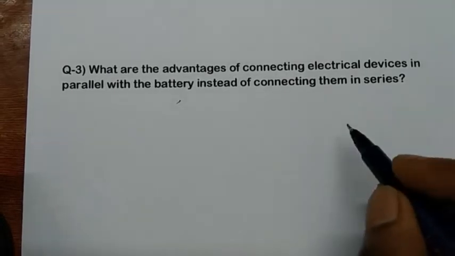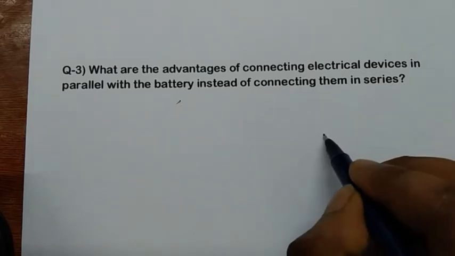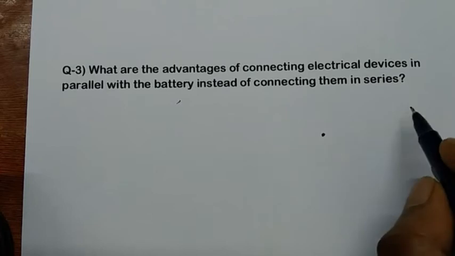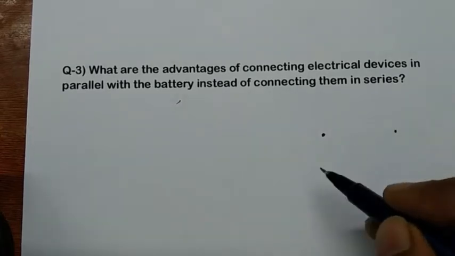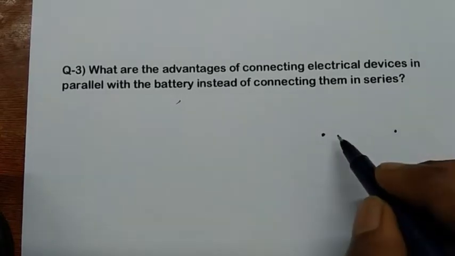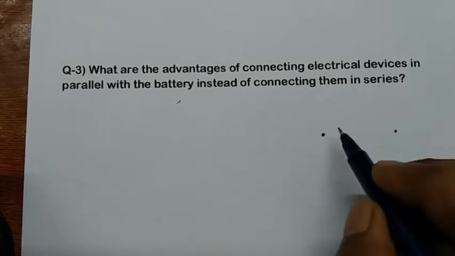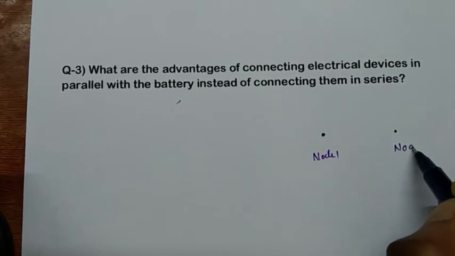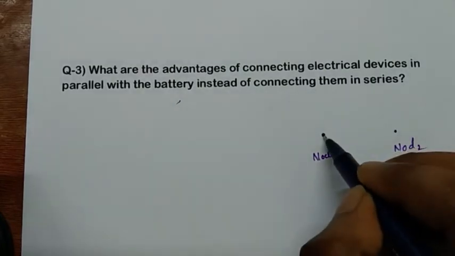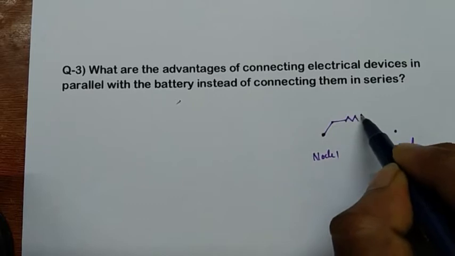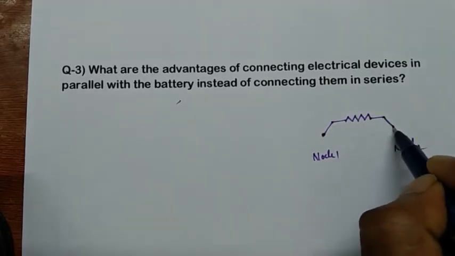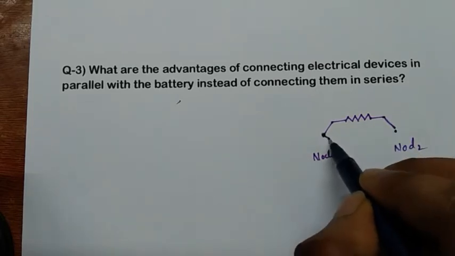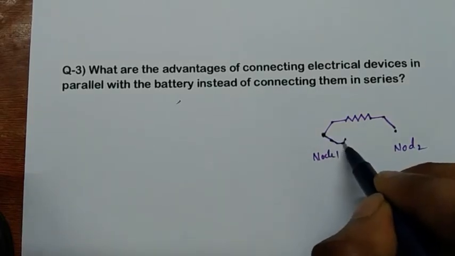So what do parallel connections look like? We already said resistors are said to be in parallel if their terminals are connected to the same two nodes. This is node 1 and this is node 2, and for example this is a DC fan, which works under DC current, and this is another DC motor.